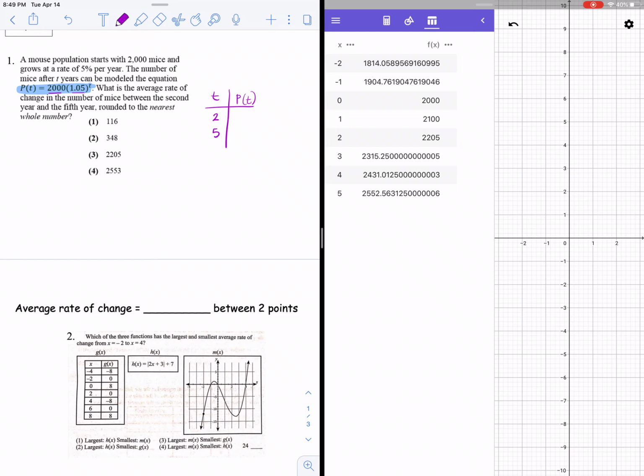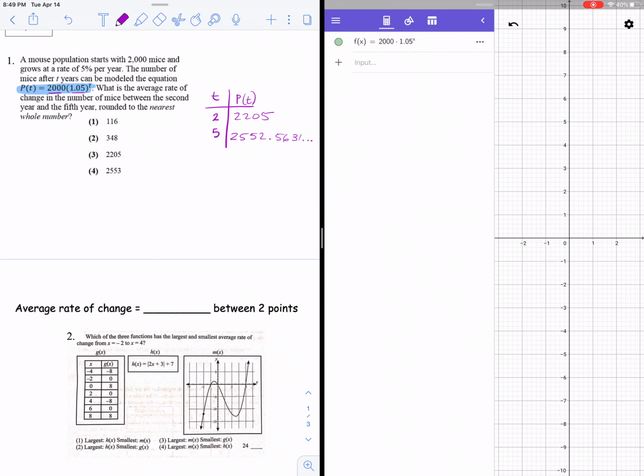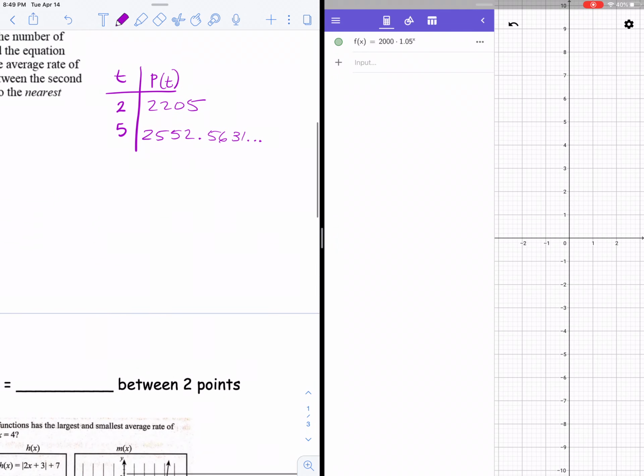And I could see from my table of values that the output when the input is 2 is 2205, and the output for 5 is 2552.5631. Now going back to the calculator, I could find my change in y.